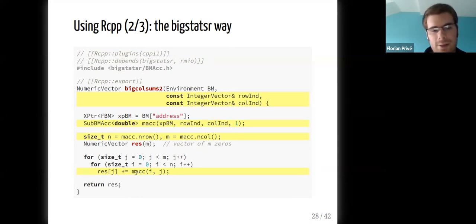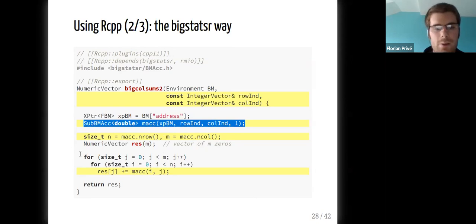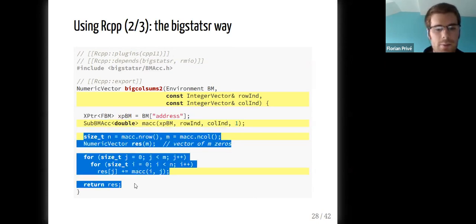And when you access IJ, it's accessing the subview of the data. So it's very convenient to do it that way, because you just have to change that plan. And then the rest of the algorithm is exactly the same as before. But you can run this on a subset of the data.